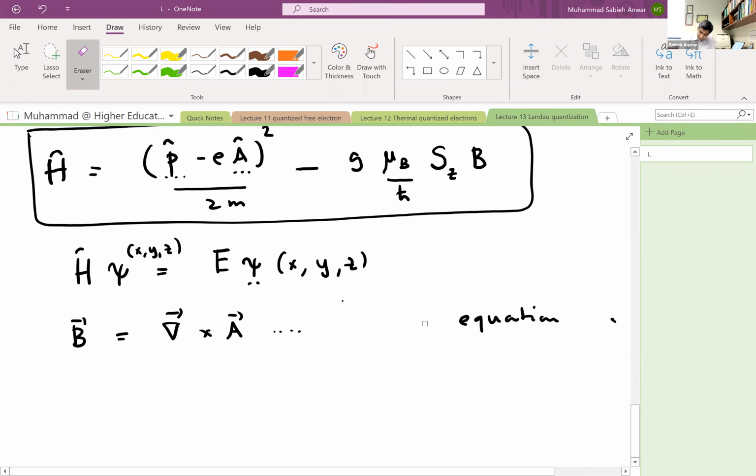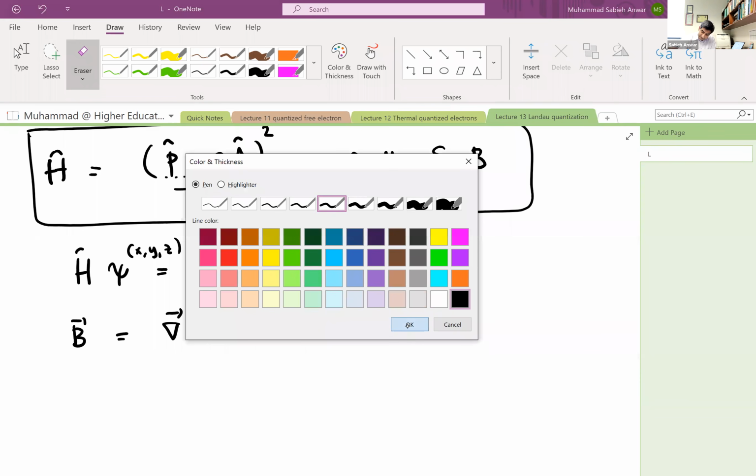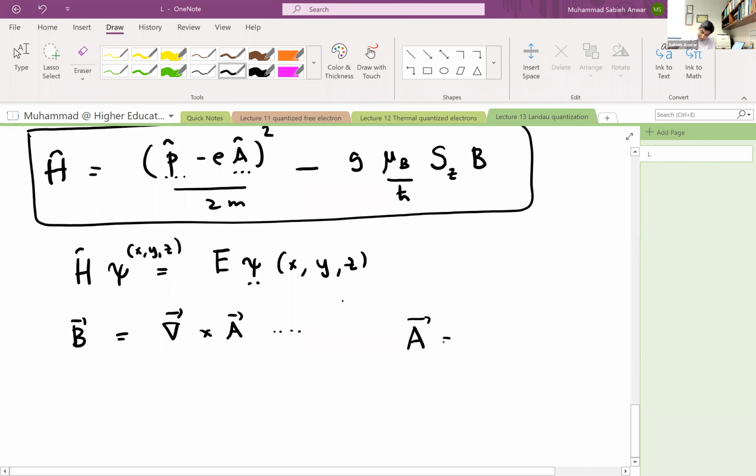Now, the point with this vector potential is that I can replace this vector potential with something of this kind.